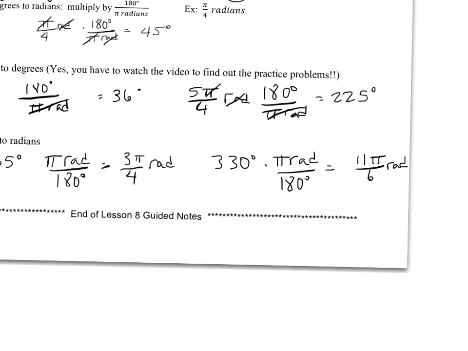Okay? So I hope that helps you get an idea of the types of answers that you'll get for radians. 11 pi over 6 is just 1/6 pi short of 2 pi radians, because 12 pi over 6 would be 2 pi radians. So that gives you a sense of where those numbers lie with regard to radians and degrees.